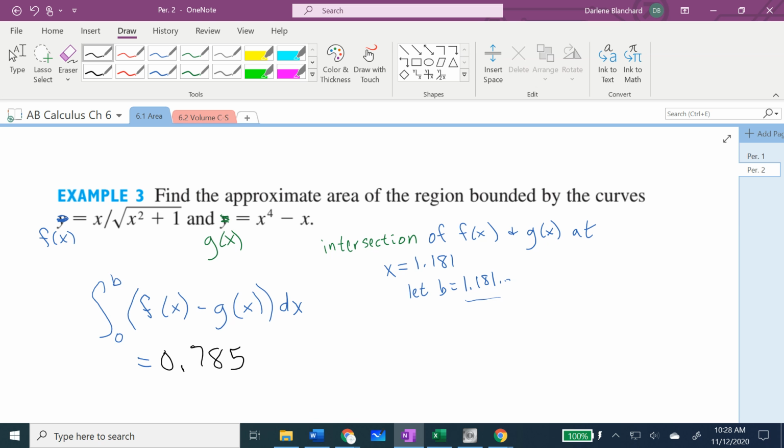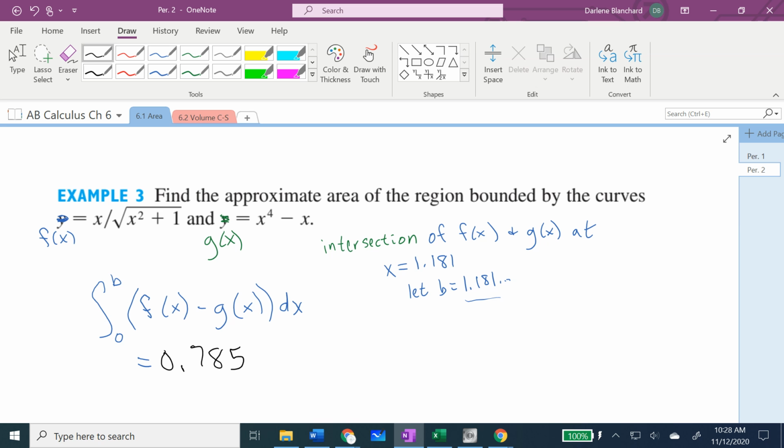You can also do it through the home screen. So if you push second quit and go to your home screen, then the math button right here, push the math button, and then FN int is number 9, so I'm pushing 9.